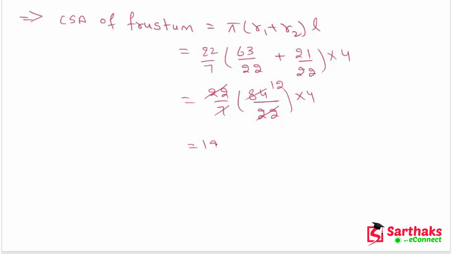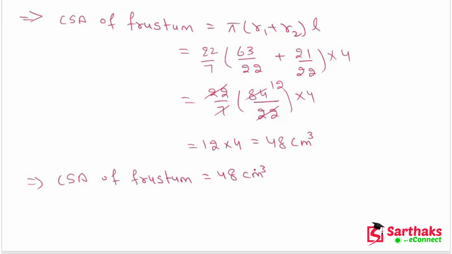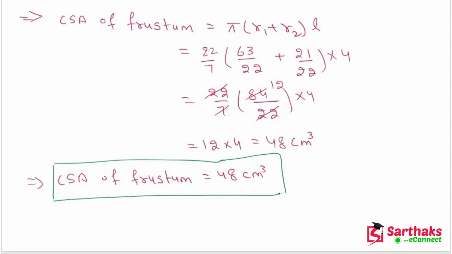So we have 12 into 4, which is equal to 48 centimeter cube. So my dear friends, CSA of frustum is equal to 48 centimeter cube. This is our required answer.